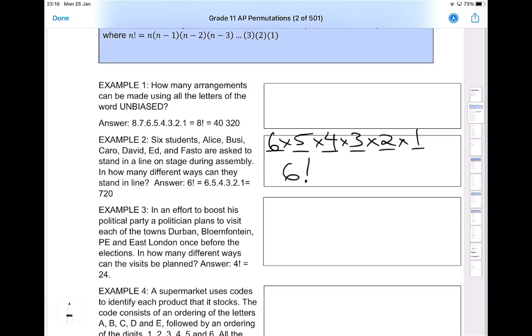You can use your calculator to work out 6 factorial, or to multiply out 6 times 5 times 4 times 3 times 2 times 1, and that will give you the answer of 720. So these 6 students can stand in a queue in 720 different ways. That is quite amazing.